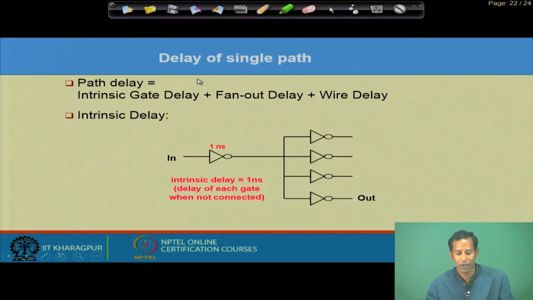The delay of a single path can be calculated based on the intrinsic gate delay plus the fan out delay plus the wire delay. The intrinsic delay means the inherent delay which corresponds to each of the gates.